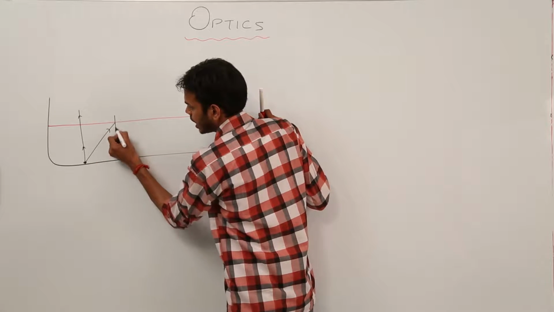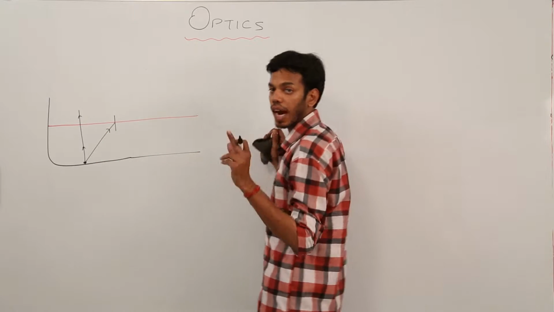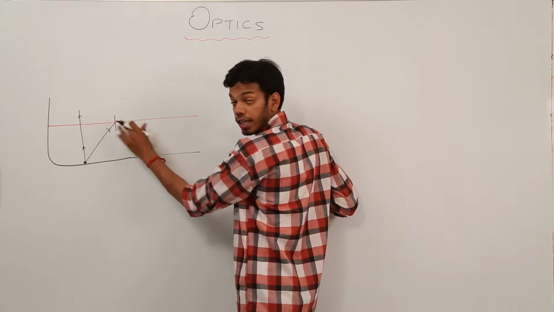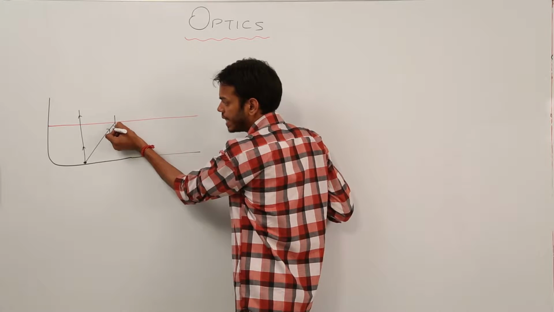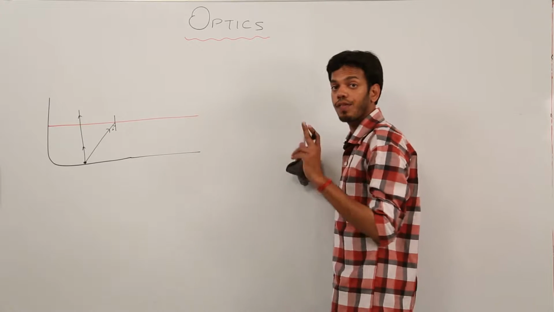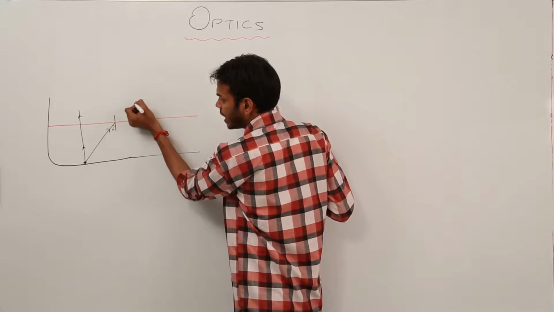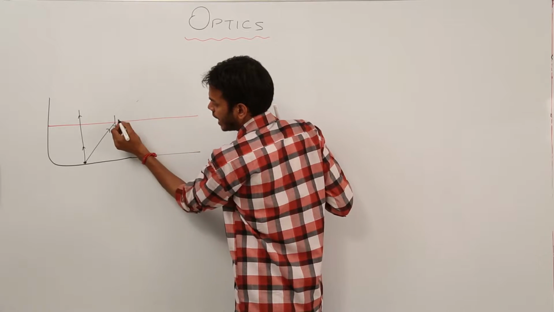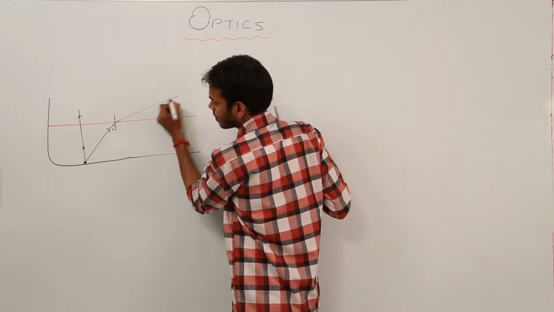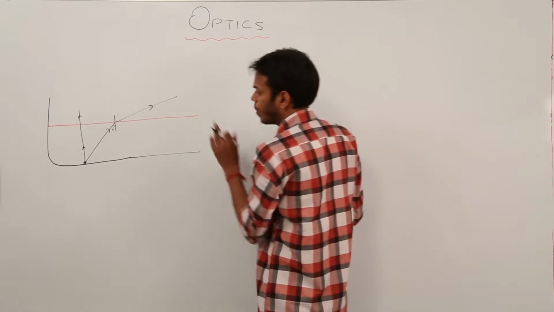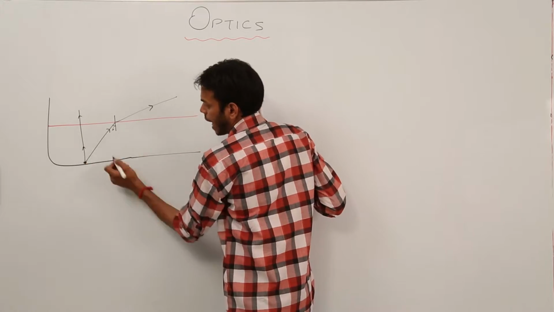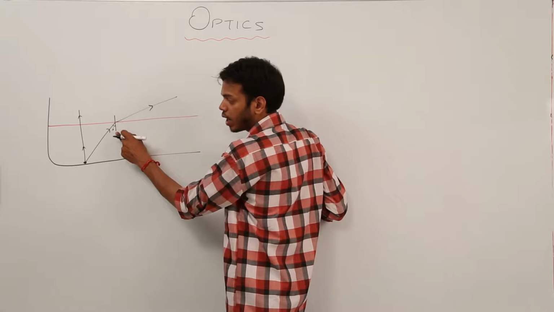This is the incident ray on this interface, that means this is the angle of incidence, and the refracted ray will not be in this direction, it will be in this direction, because the ray is traveling from denser to rarer, it bends away from the normal.